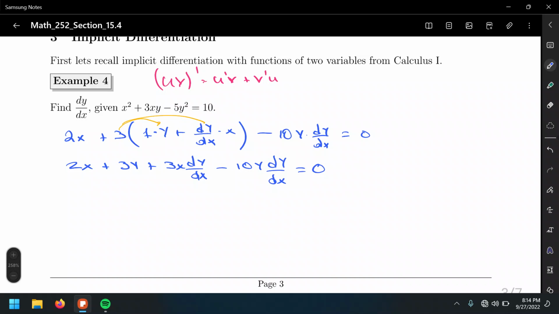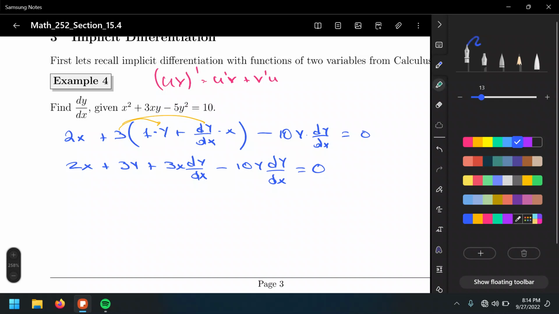So the next step was to treat this problem like an equation and leave all the terms containing the dy/dx on the left-hand side of the equation, and everything else move to the right-hand side of the equation.